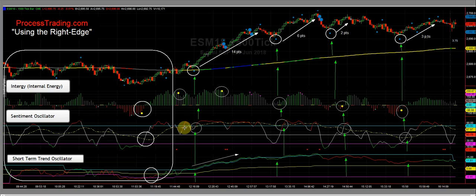So we already know right at this point here where the green energy started to come back into price, which is demand starting to come back in, that it's going to go to the upside.